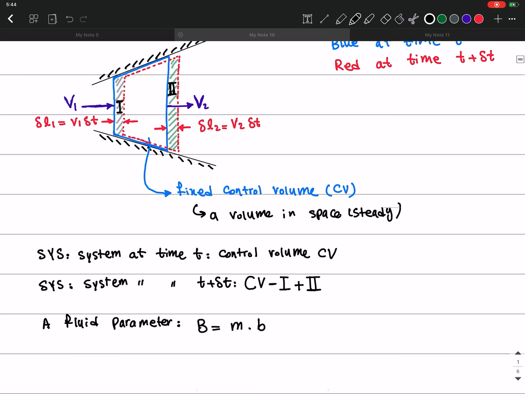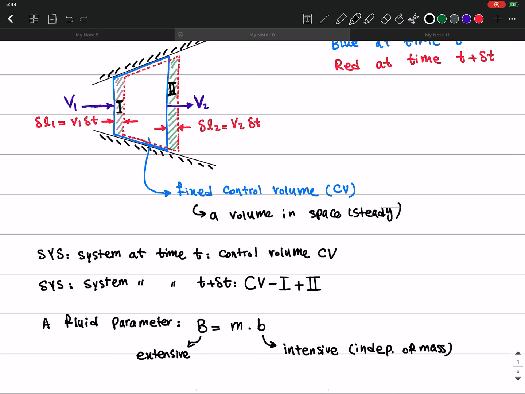Okay, so any parameter that has this mass in it is called an extensive parameter. And this small b is an intensive parameter, which is independent of mass. So anything that is independent of mass, any fluid parameter, is called an intensive parameter.